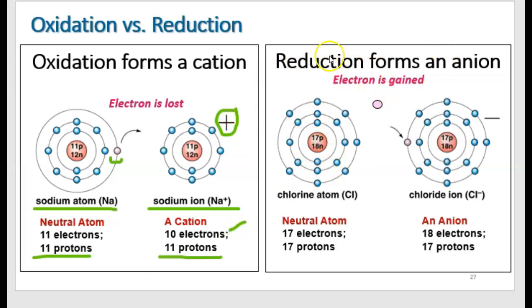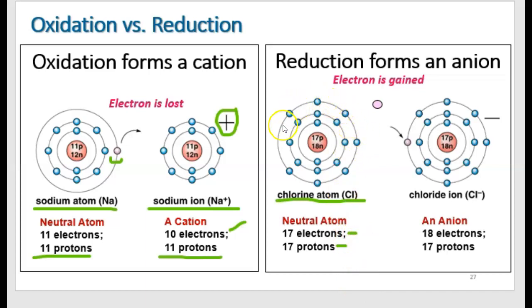Reduction is the opposite. Reduction forms an anion, an electron is gained, and the example I'll show you is when a neutral chlorine atom gains an electron and becomes an anion. So chlorine atoms have 17 protons. We know that from the periodic table. Therefore, a chlorine atom also has 17 electrons.